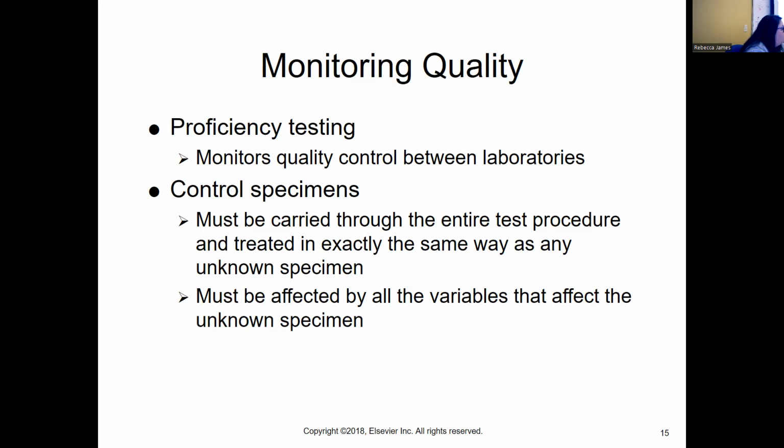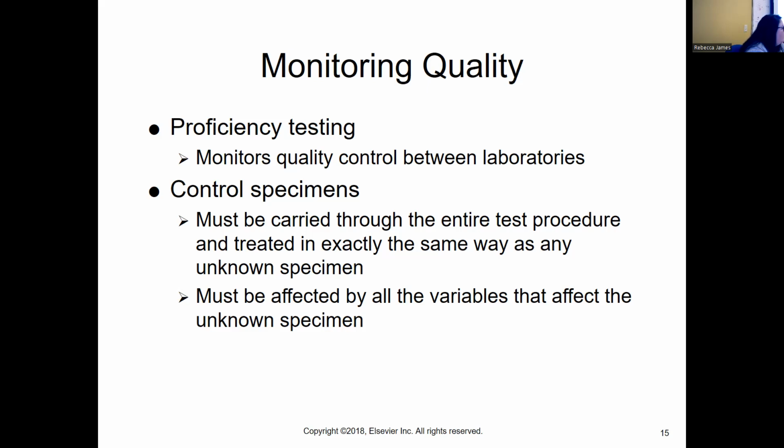Which ones? Moderate and high complexity testing. What CLIA says is that if you perform moderate and high complexity testing in your lab, you have to perform proficiency testing. What's proficiency testing? An external test by an accrediting agency.